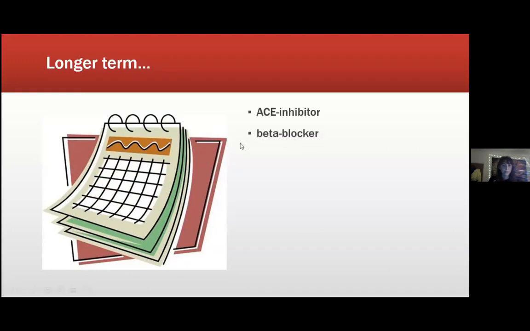So ACE inhibitors, beta blockers, aldosterone antagonists such as spironolactone are really good because they have been shown to improve mortality. Diuretics are really good for symptom control. And then there's a lot of other specialist drugs, which is less about the emergency management.